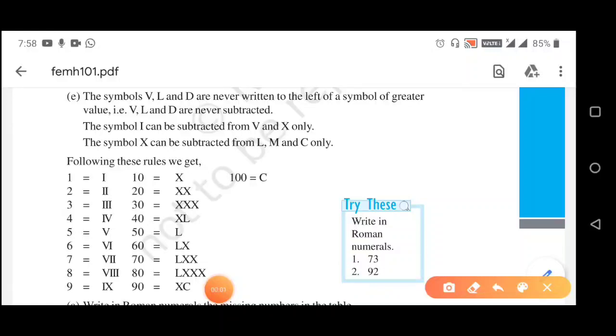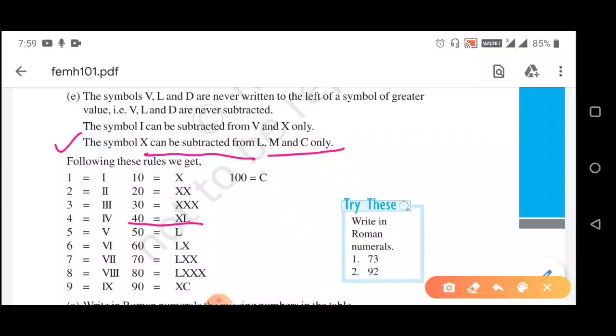The next rule is: the symbol X can be subtracted from L, M and C only. X cannot be subtracted from D. So the symbol X can be subtracted from L, M and C only. So see, for 40 we can write XL.